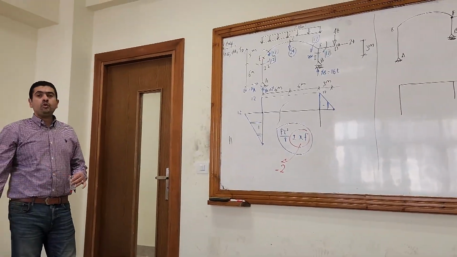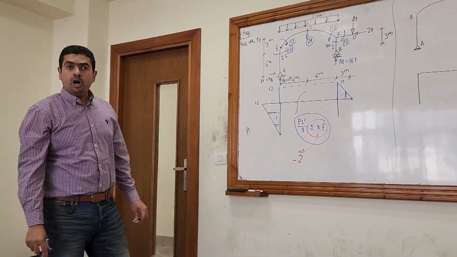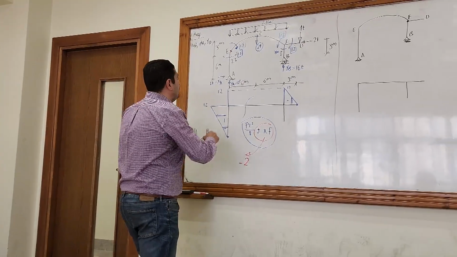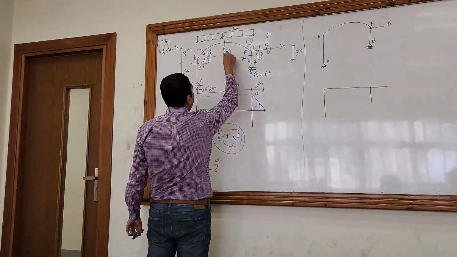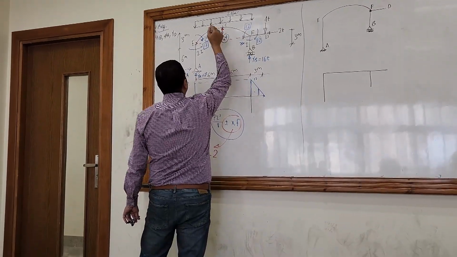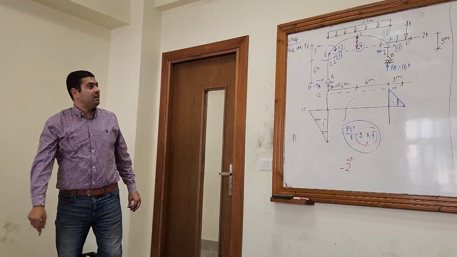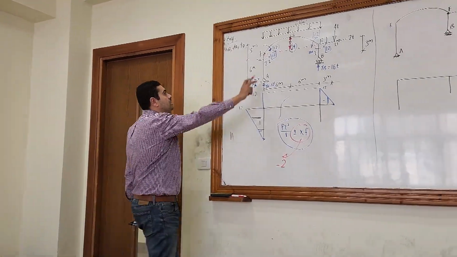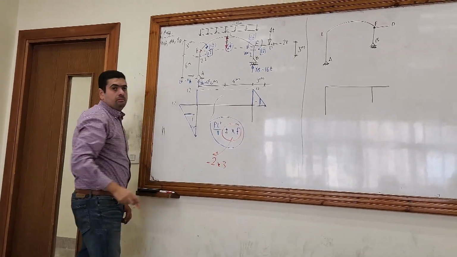To get F, you have to join a line from the beginning of the arch till the end of the arch. F is the vertical distance in the middle. So what is F here? 3 meters, right? So F here is 3.